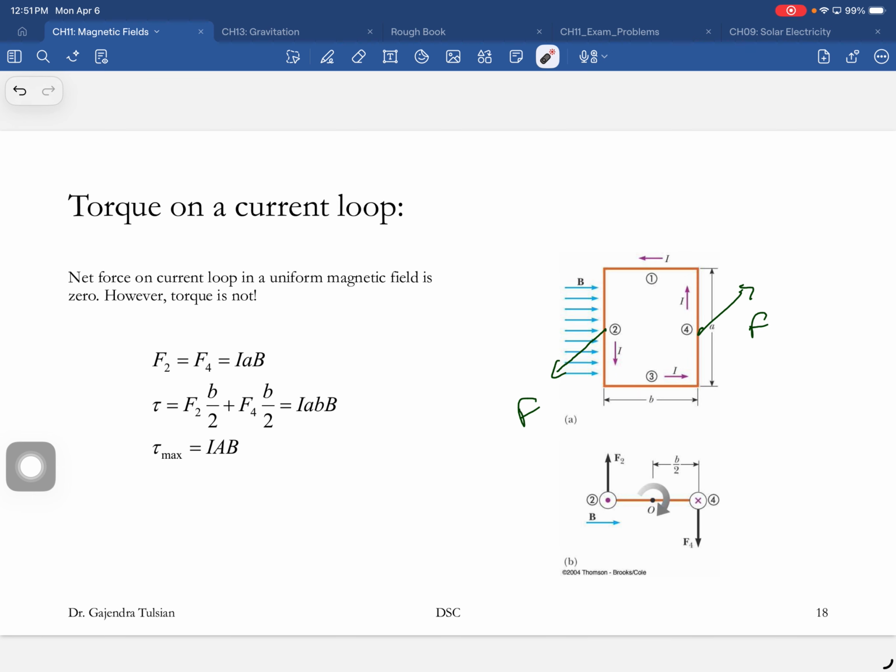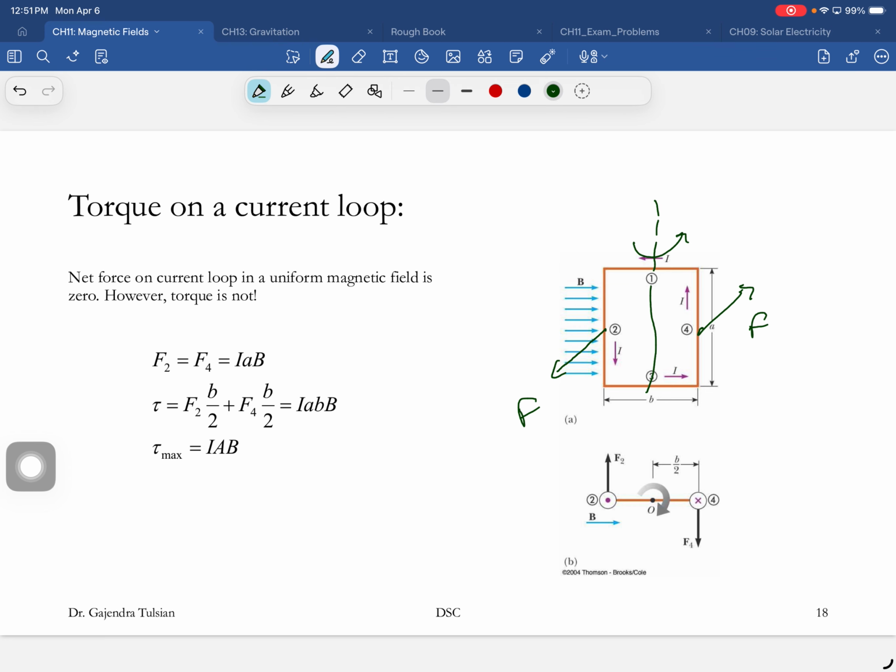So there will be a torque acting on this current carrying loop in the presence of this magnetic field. And what that torque will do is make the loop turn. The loop will turn about this axis. It'll turn like that. And here's how you remember it.